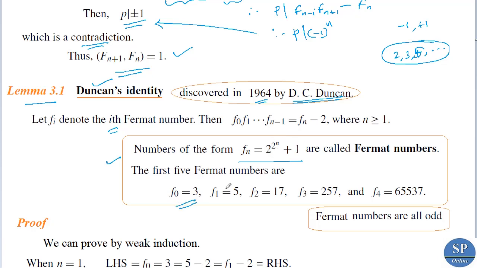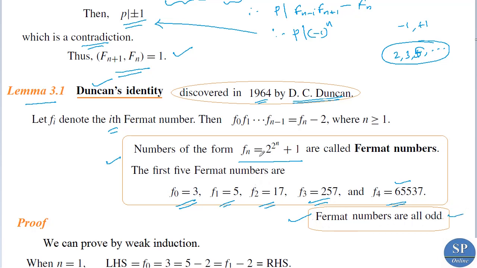The second Fermat number, when n equal to 1, is 2 power 2 power 1, that is 2 power 2 plus 1, that is 4 plus 1, that is 5, etc. If n equal to 2, we get F2 equal to 17, F3 equal to 257, and when n equal to 4 we have 65537. Note that all the Fermat numbers are odd numbers.